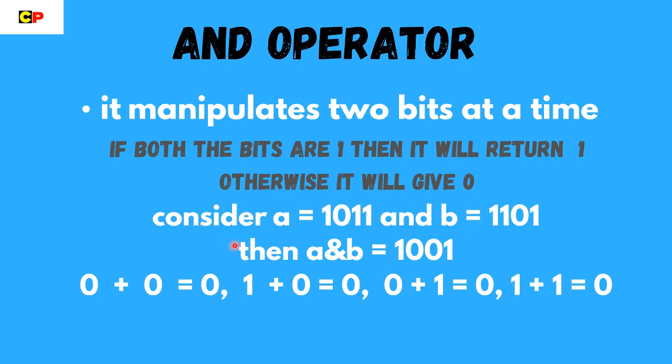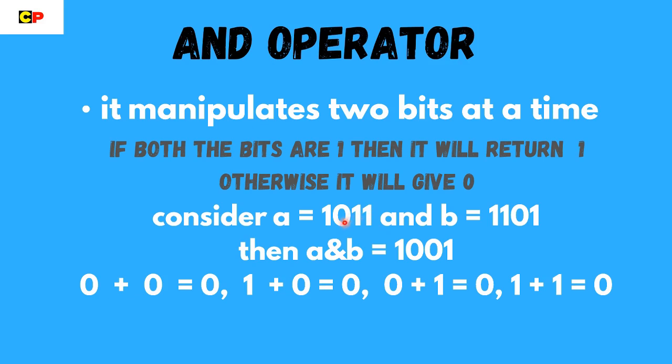Now, for example, consider A equals 1 0 1 1. This is some number whose binary representation is 1 0 1 1, and similarly B corresponds to some number whose representation is 1 1 0 1. Now if you use A AND B, it will manipulate bit by bit, that means each and every digit.